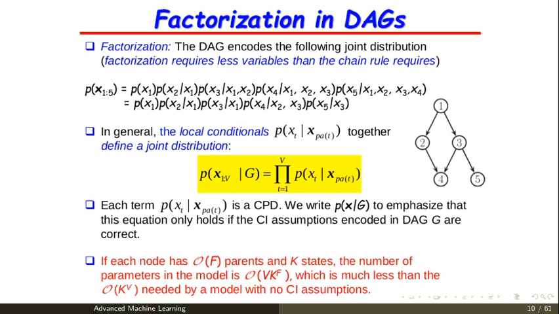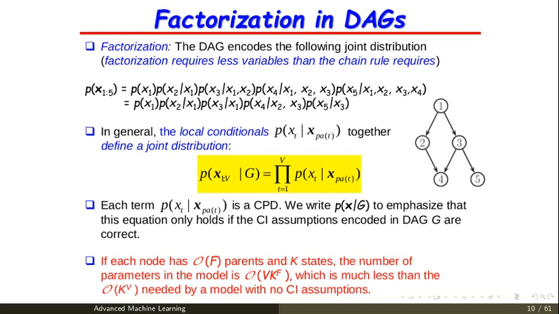If each of these variables takes k values, let's say discrete values, and we have v of those, the cost in general is k to the power v. But right now, if we have v of these terms, it's v times the cost of each.